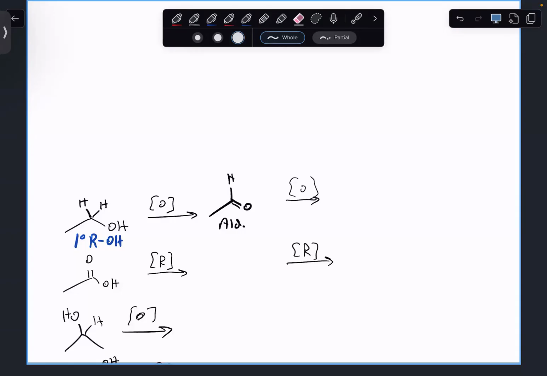You can oxidize the aldehyde up to the carboxylic acid. Can you recognize that as an oxidation? The aldehyde has 1 oxygen on the carbon. The carboxylic acid has 2 oxygens on the carbon.